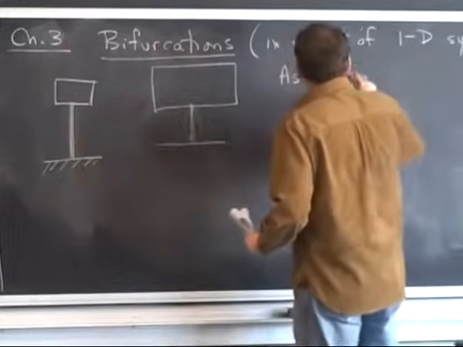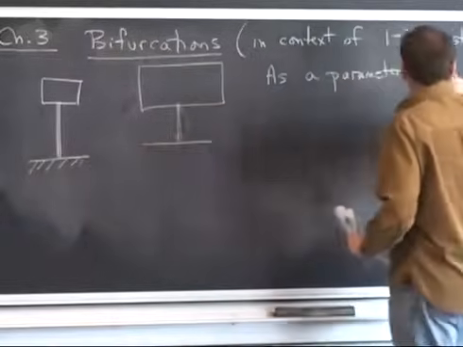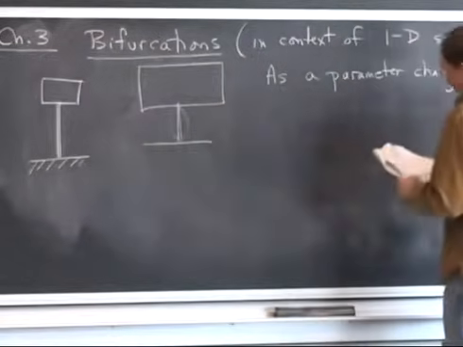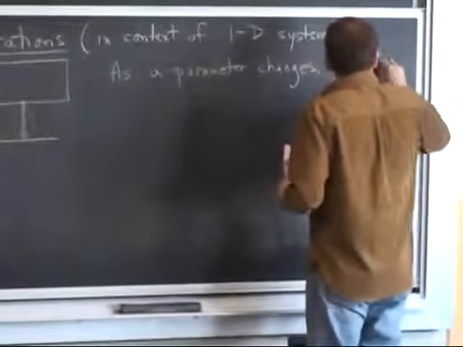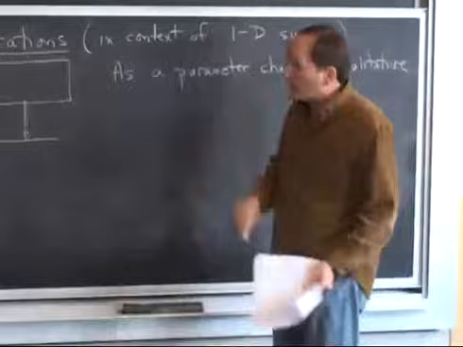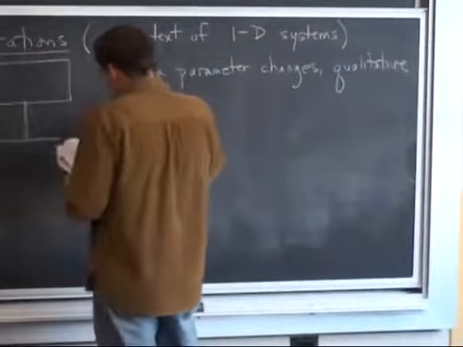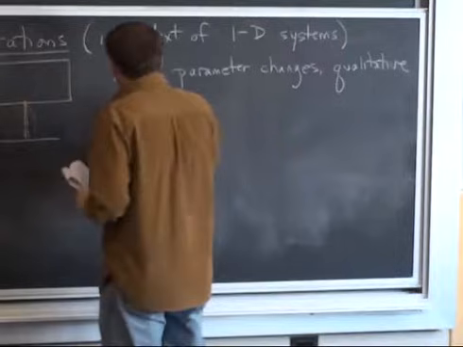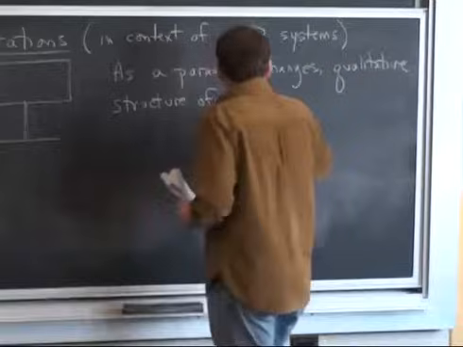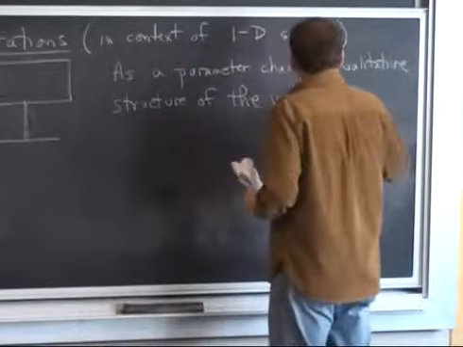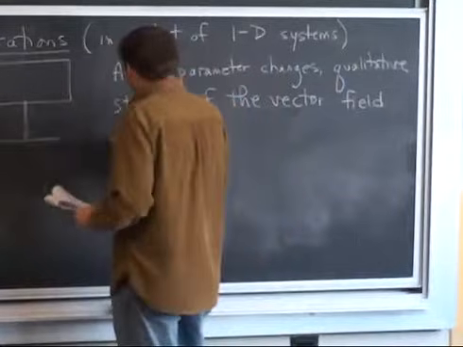So as a parameter changes, for us, speaking about vector fields on the line as models of differential equations, as a parameter changes, the qualitative structure of the vector field may change dramatically.